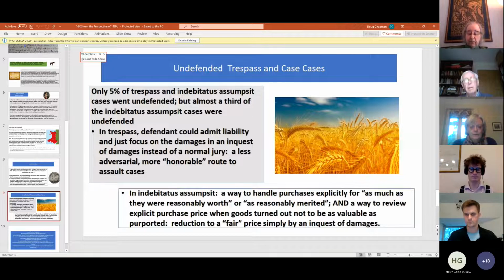In indebitatus assumpsit, where about a third of the cases are undefended, it's much more interesting actually, because one finds in the pleadings cases that I sold you malt or wheat or whatever, for as much as it was reasonably worth, or as reasonably merited.